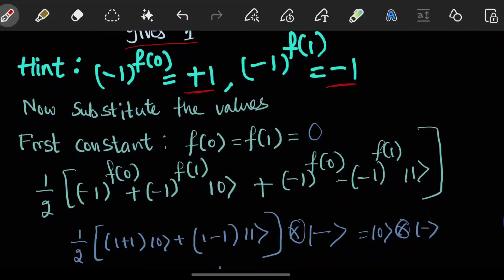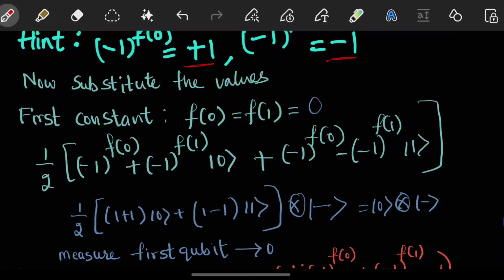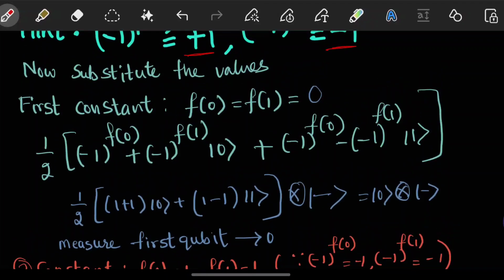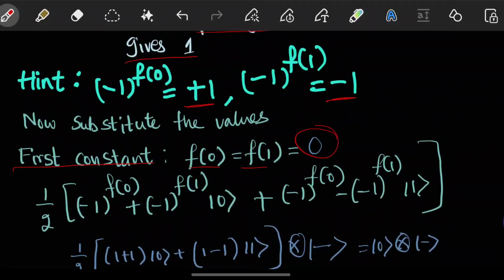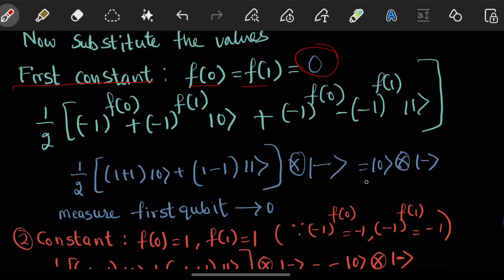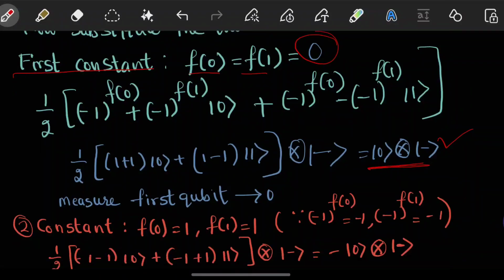Now substitute the values. First I am checking constant. I am taking f of 0 and f of 1 as 0. If that is the case, f of 0, we already know, is plus 1. If I substitute all those things in this equation, I will end up getting ket 0 tensor product with ket minus. Already this bottom qubit is the ancilla, we should not bother about it.